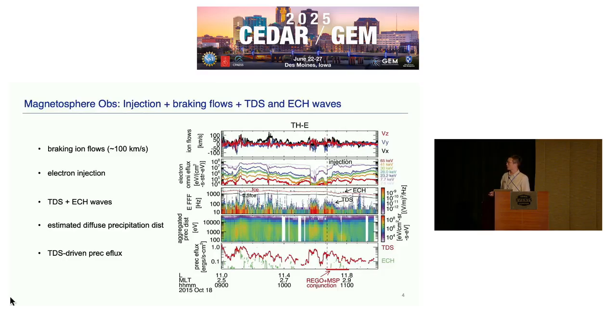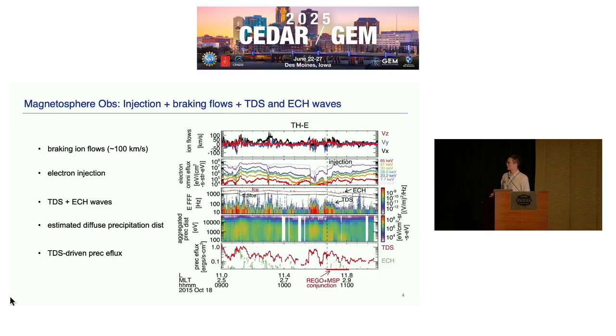The earthward flow velocity, getting closer to 100 kilometers per second, was associated with an electron injection indicated by the time indicated by the vertical dash line, and they were associated with broadband electrostatic fluctuations indicative of time domain structures.